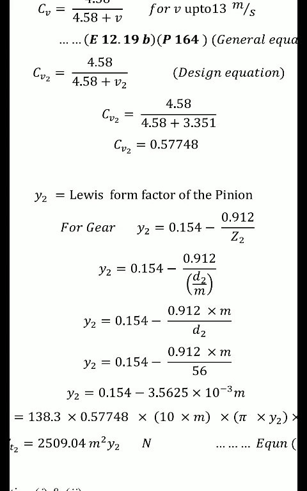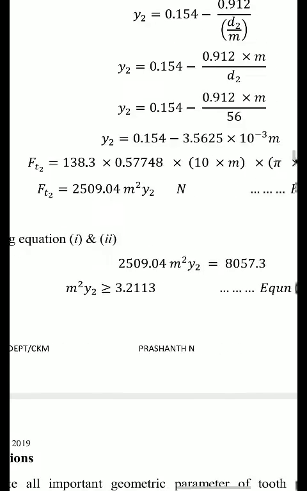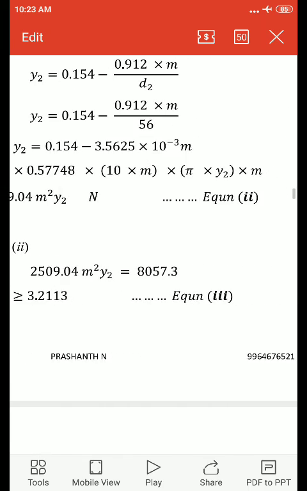Next, Y2 value, Lewis form factor of the pinion. Substitute the values for the gear. Y2 is equal to the same thing, find out the Y2 value, and Fb2. Next, this is equation number 2, where Ft2 is equal to 2509.04 in terms of m square Y2.